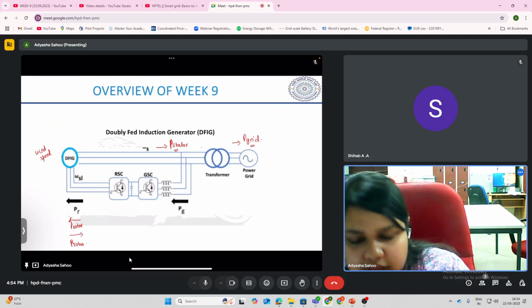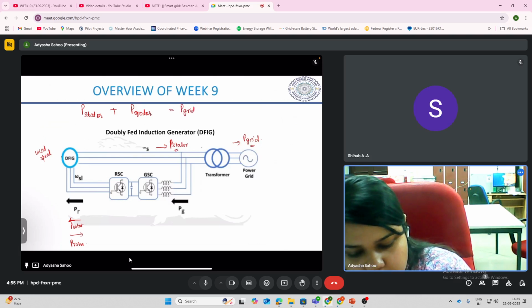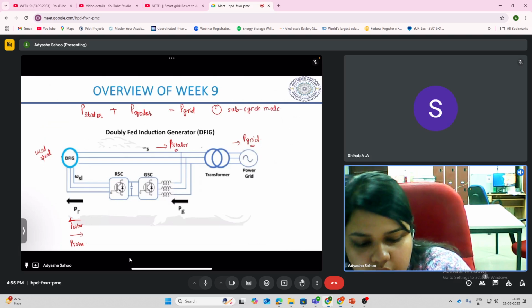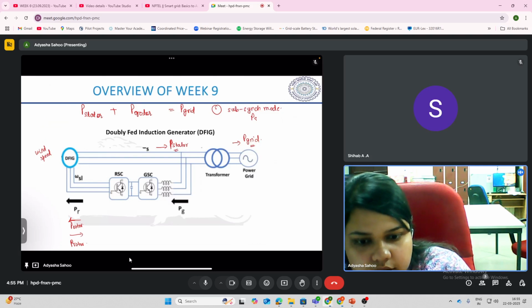So this P stator plus P rotor is equal to P grid. Now, let's say in the subsynchronous mode of operation, the P stator is less than the P grid.